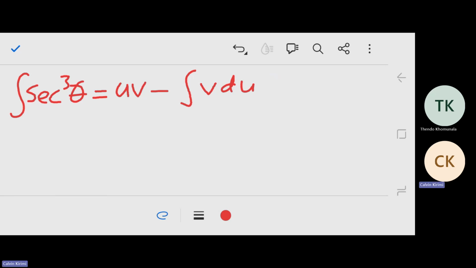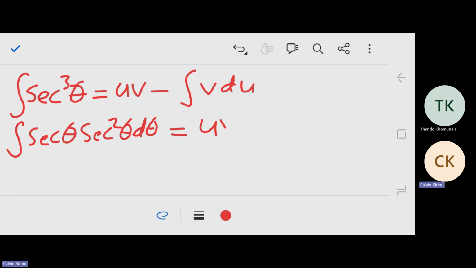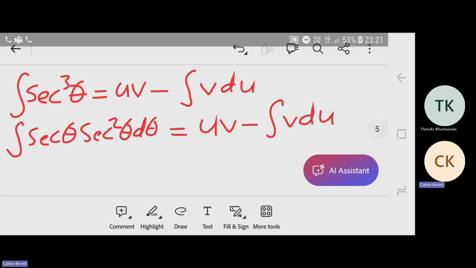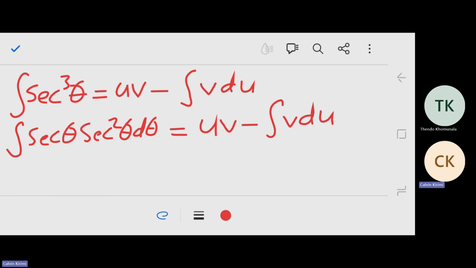So this is what we are doing here. In other words, it was the integral of secant theta times secant squared theta, which equals uv minus the integral of v du.